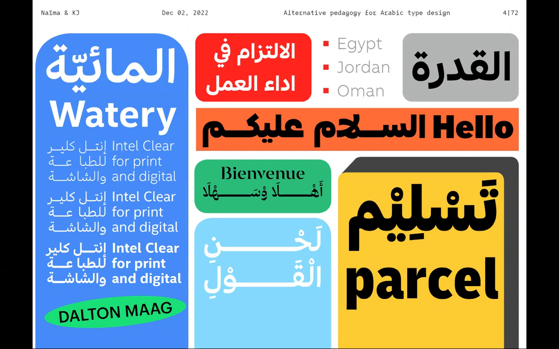And it's also limited in terms of possibility because it's branding, it's corporate, and everybody wants a geometric, grotesque sans serif. So you enter Arabic design from this very Latin-centric, limited brief.